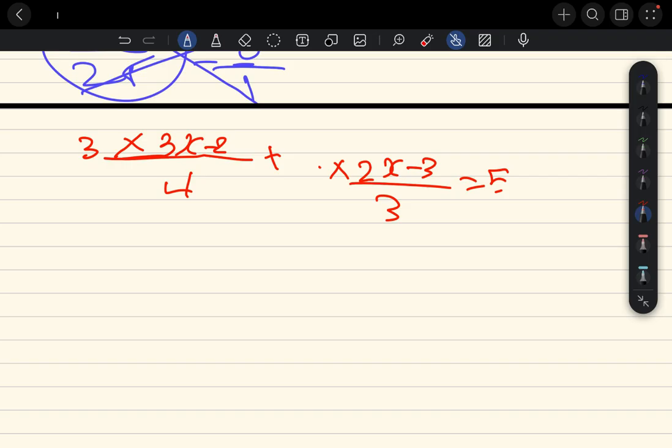Here I should do an important thing. I'm gonna multiply the denominators together. 4 multiplied by 3 equals what? Equal 12.